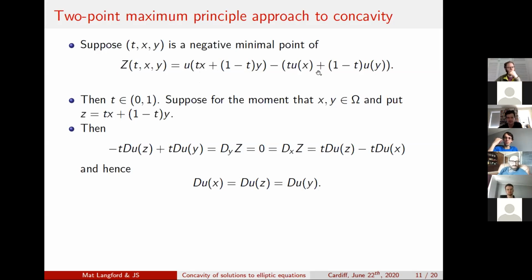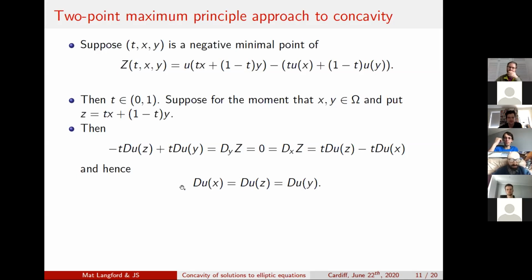And from this term, we have t times d of x, just a linear derivative. And on the left hand side, you do the same. All of this junk is 0, so we see that du of z must be equal to du of x and also equal to du of y, because t is non-zero. So this is nice.